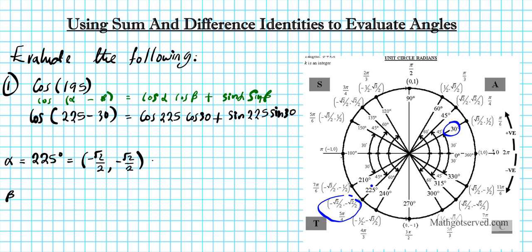And beta is 30 degrees, and the coordinates are root 3 over 2 and 1/2. So this is my x coordinate and this is my y. Using my unit circle ratios, I know that my x coordinate is the cosine and my y coordinate is sine.